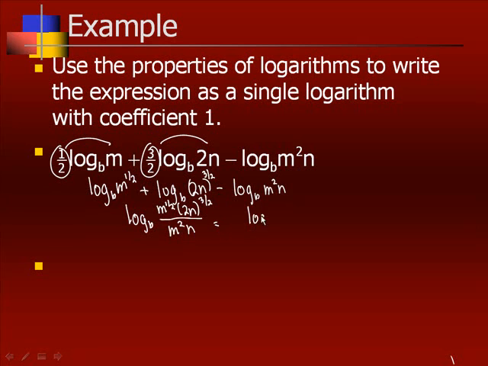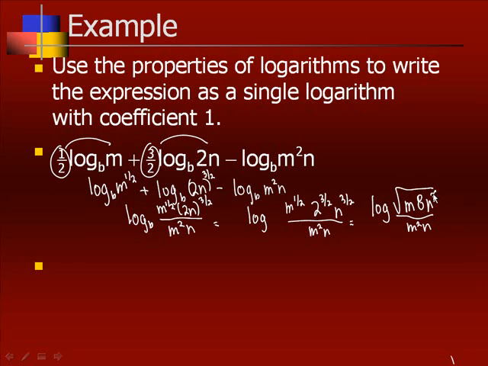We would get the log of m to the 1/2. Now 2n to the 3/2 means 2 to the 3/2 n to the 3/2 over m squared n, which would give us the log of the square root of m times 8, because 2 to the third is 8. Then we've got an n to the third over m squared n.